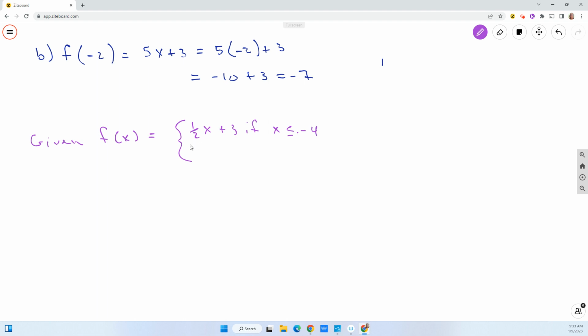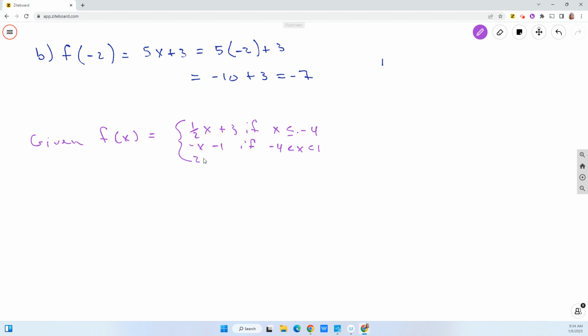And then we've got minus x minus 1 if, this one's interesting, negative 4 is less than x is less than 1. We'll talk about that in just a second.